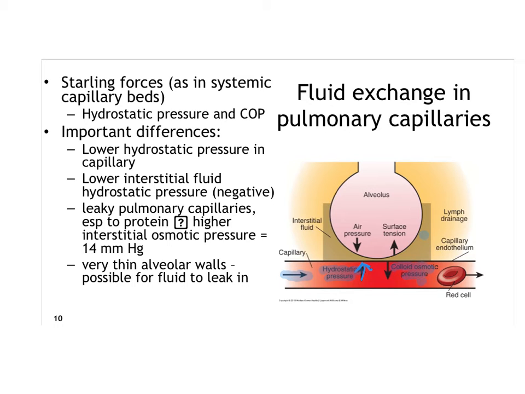They're going to be pulling things to them. So with hydrostatic pressure, I'm pushing things out, and with colloidal pressure, I'm in essence pulling things to me. So I've got a push and pull thing going on here. Well, I have the same thing happening in the alveolus. I have surface tension in there that's going to tend to pull fluids in, and then I'm going to have air pressure in here that's going to tend to push things out.